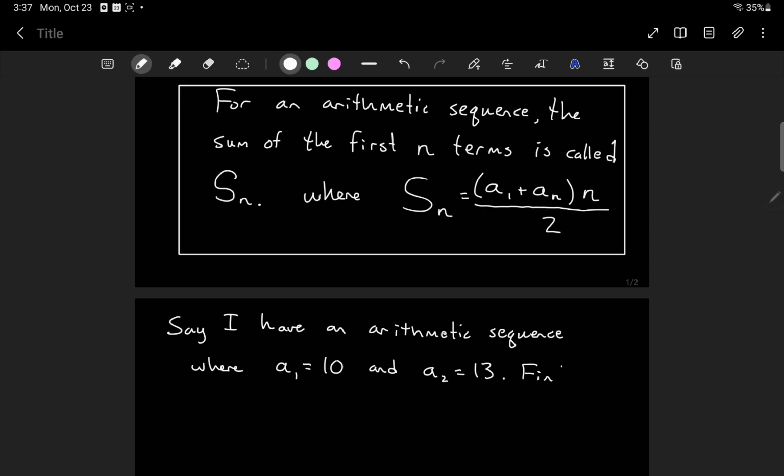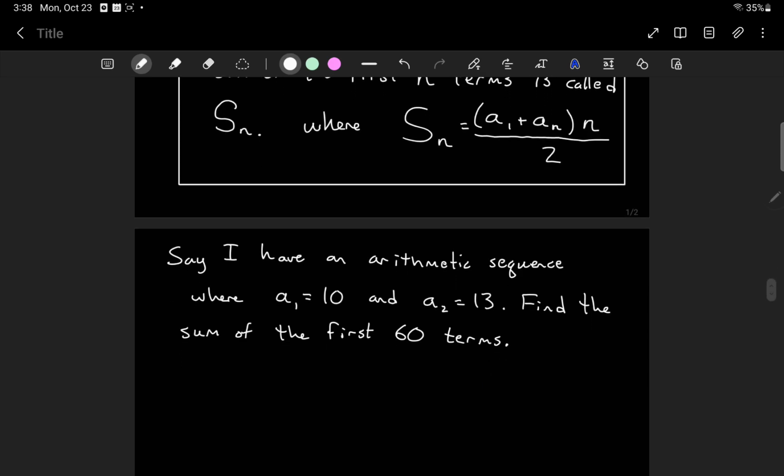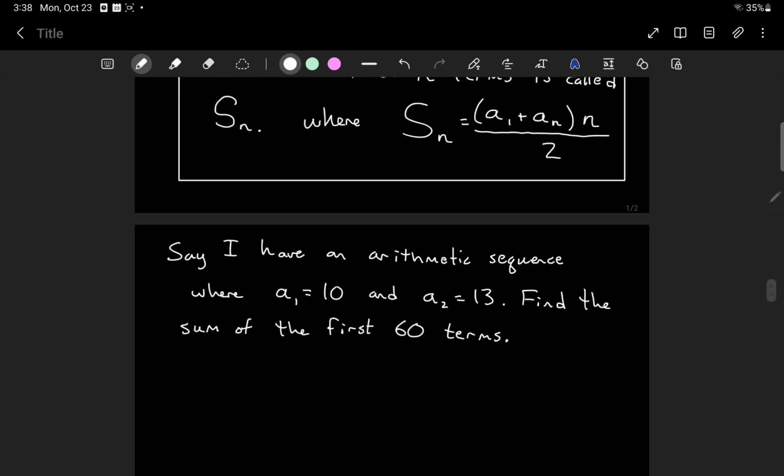Find the sum of the first, let's say 60 terms. Okay, so definitely not worth writing out all 60 of these terms and then adding them together.